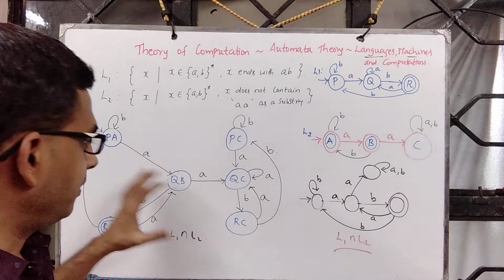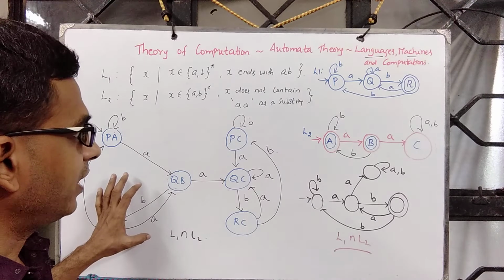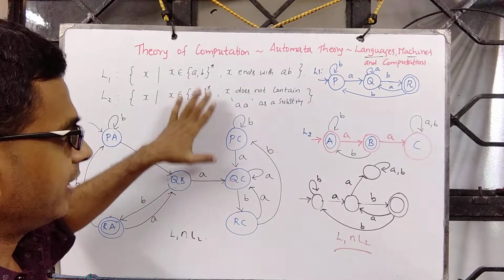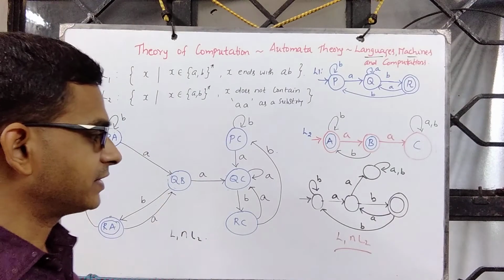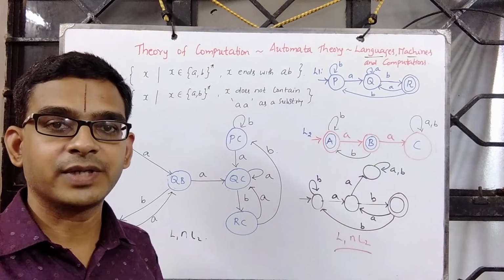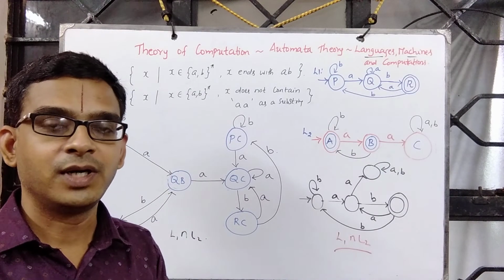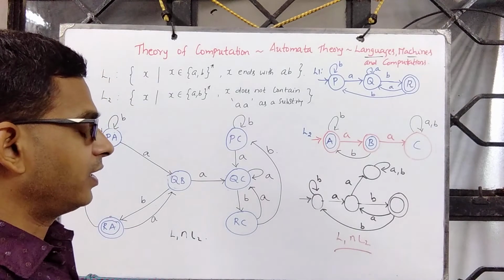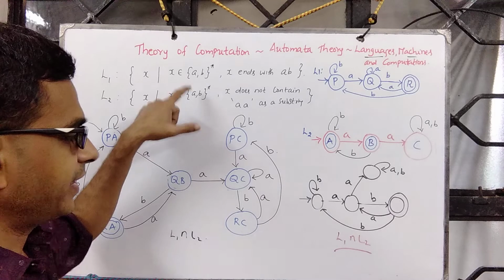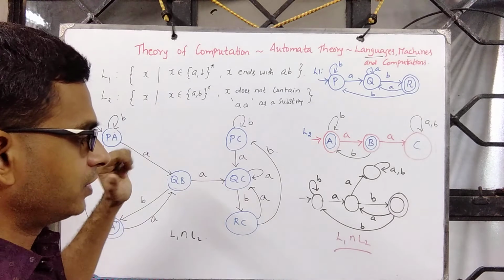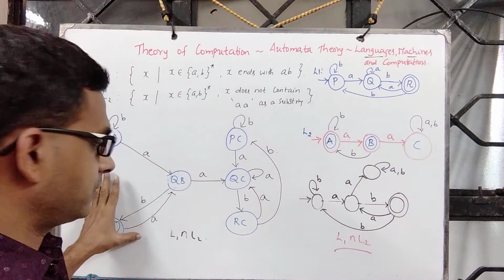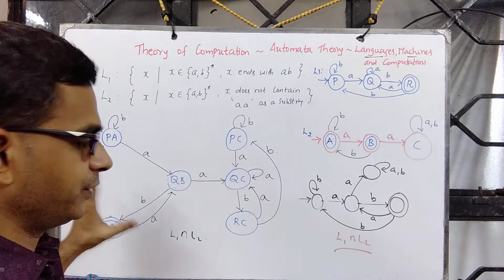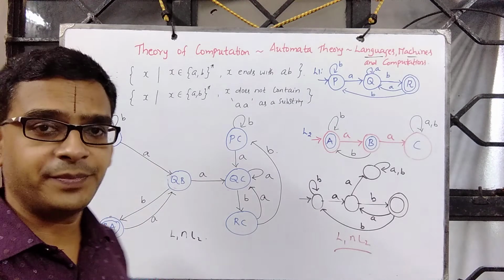And so this will come handy when, just by looking at L1 and L2, for some questions it may be difficult to construct L1 intersection L2 or L1 union L2 directly. But independently one can construct L1 and L2. So for such questions, this framework will be of use. That's one part.